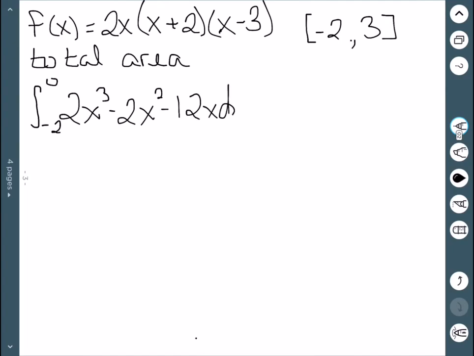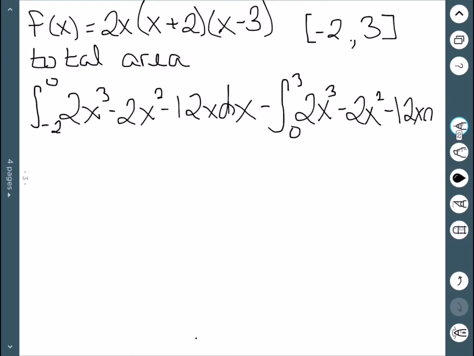Between 0 and 3, this function was negative, and if we want to make a negative number positive, we add this negative sign. So we'll have a double negative between 0 and 3 of, once again, 2x cubed minus 2x squared minus 12x dx.